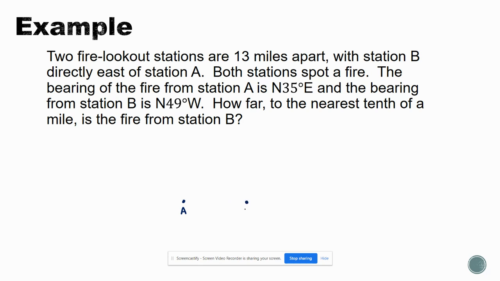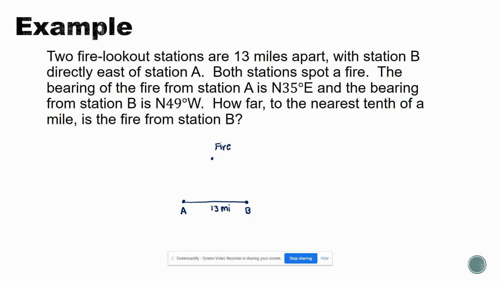Let's say that station B is over here, and I'm going to connect them because I know that they are 13 miles apart. They both spot a fire. Notice that with the bearings, both of the fires are north of where the stations are. So I'm just going to say the fire is right up here.